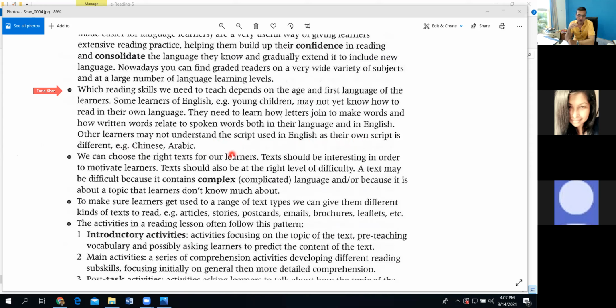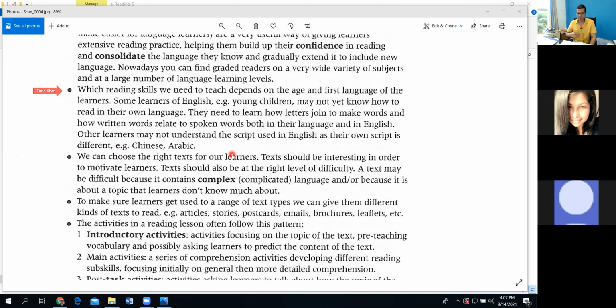Now, when we want to teach reading skills, it depends on the age and language of the student. Different age students are taught in different ways. Moreover, we need to know what the mother language is, because we will talk later in the units about the influence of the mother language in learning the second language.